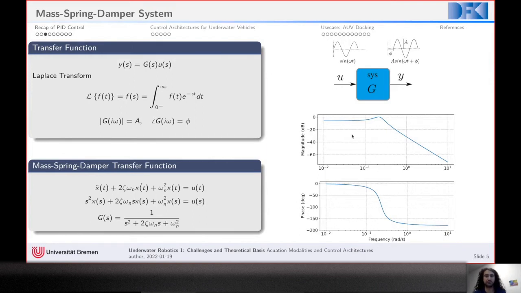With very low frequencies, the magnitude I'm going to have is very close to the magnitude of the input. However, with very high frequencies, there is a huge decrease in the magnitude. But at a certain point, you can see there is a little bit of a rise. We call that the resonant frequency of a certain system.